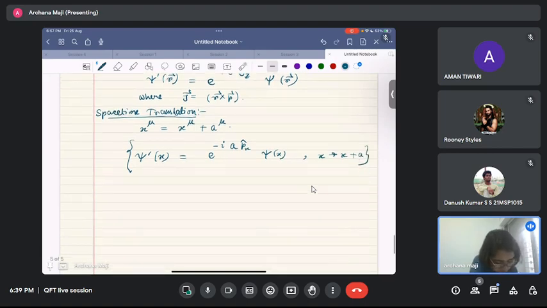Now for the space-time translation, the function will get modified as a mu p mu acting on the initial function.